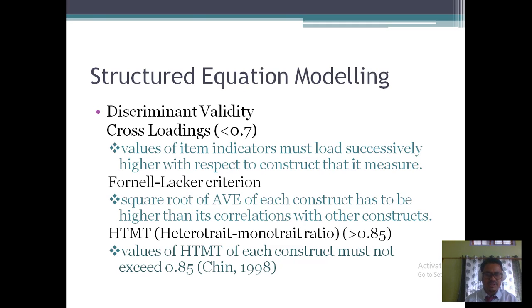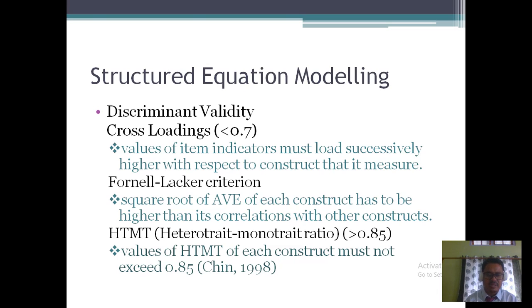Suppose in my earlier example I have used brand equity and purchase intention. The square root of average variance extracted of brand equity has to be higher than the inter-construct correlation, that is the correlation between brand equity and purchase intention, in order to establish discriminant validity.